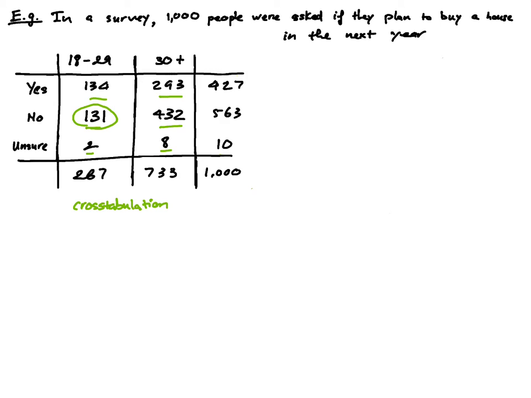Now, one thing we can do with this kind of table is that we can divide the whole table by the total number of observations. In this case, it would be 1,000.